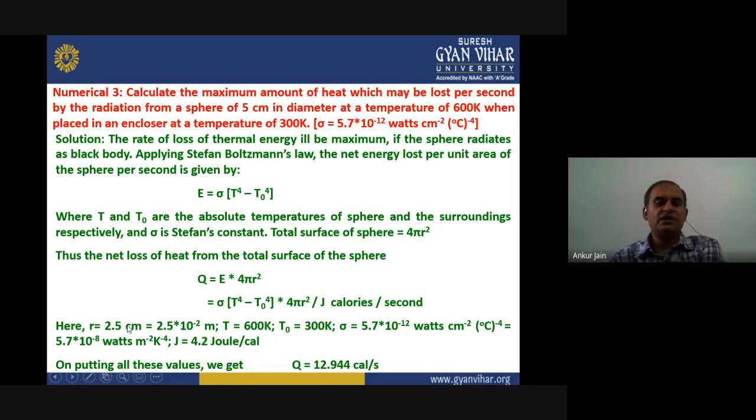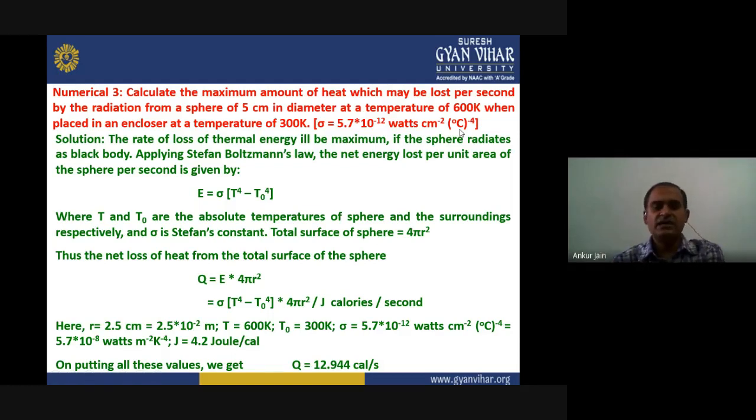If we convert it into meter, MKS unit, it will become 2.5 × 10^-2 meter. The temperature is given as 600 Kelvin, so T equals 600 Kelvin, and T naught is the surroundings temperature, that is 300 Kelvin. The value of Stefan's constant is given here in the bracket, 5.7 × 10^-12 watts per centimeter square per degree centigrade to the power 4, right?